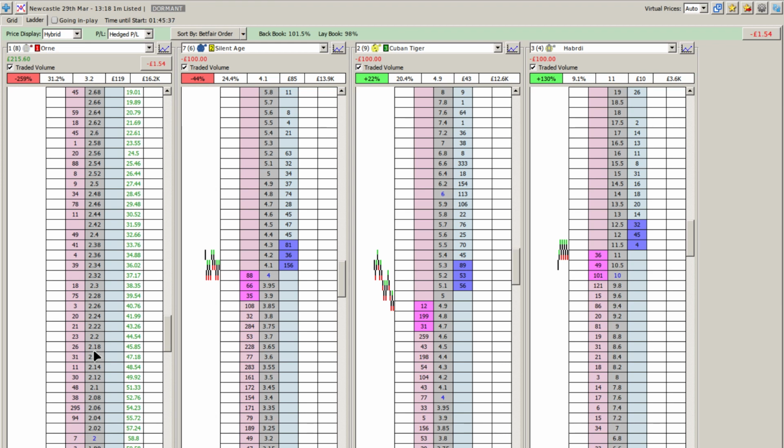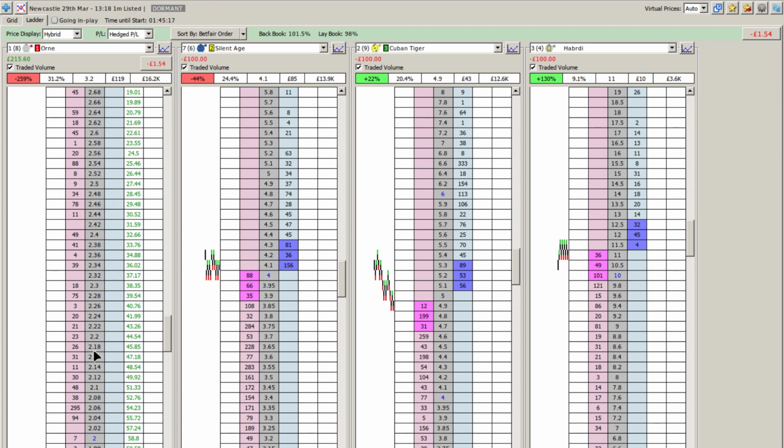So you may want to set up a mechanism whereby if you have 1 runner, you're looking for, let's say, 40%. If you've got 2 runners, your trigger point will be 30%, 20% and 10% through 3 and 4 runners respectively.